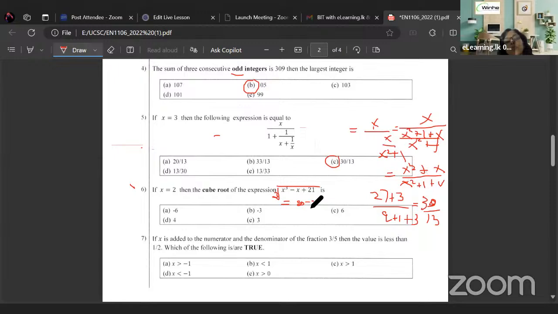minus 2 plus 21. Right? So the cube root of this one. 8 minus 2 is 6. 6 plus 21 is 27.